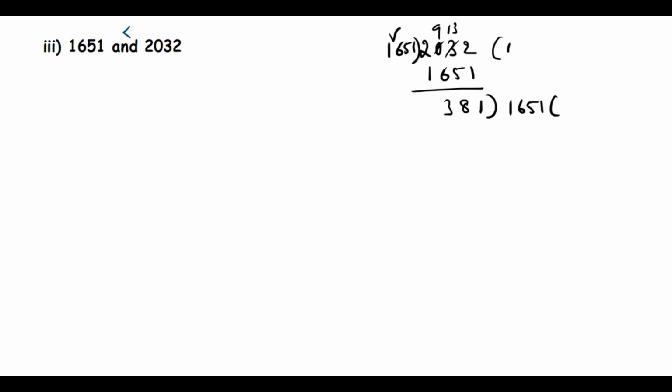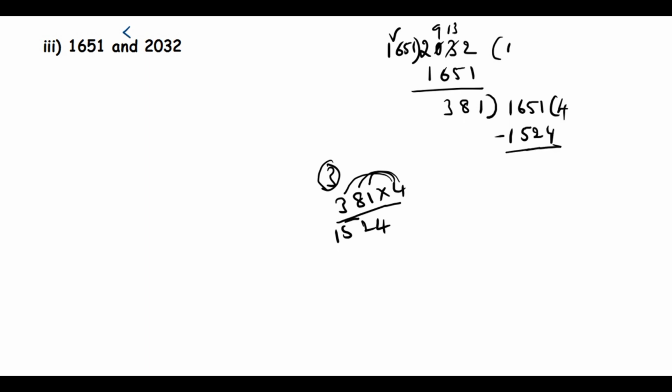Suppose I take 381 into 4 times, let us see what I will get. 4 ones are 4, 4 eights are 32, and 4 3s are 12 plus 3 is 15, so 1524. So 4 times it is. If I subtract it, 1651 minus 1524: 11 minus 4 I will get 7, 4 minus 2 I will get 2, 6 minus 5 will get 1, and 1 minus 1 is 0, so 127.